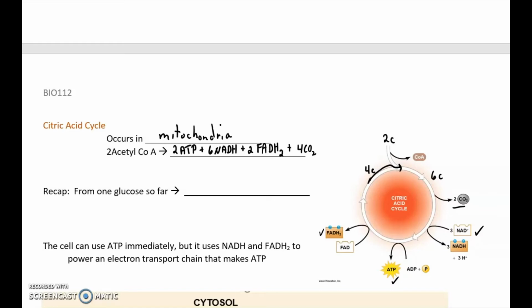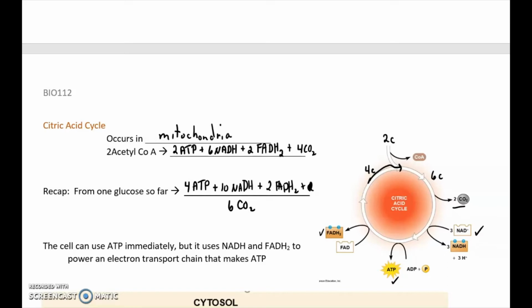All right. So this is our recap so far. We've made 4 ATPs. We've made 10 NADHs and 2 FADH2s, and I don't have it down here on my key, but it's 6 CO2s.